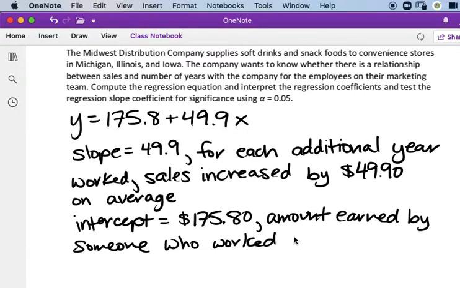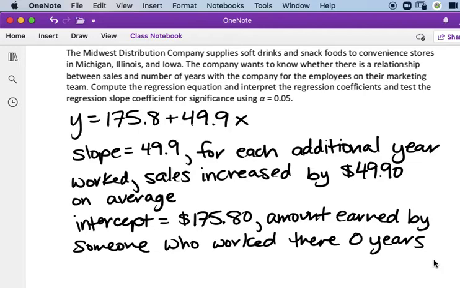In this case, that might make sense, because if you had 0 years of having worked with the company, then you maybe started within the last year, and you could still have $175 worth of sales when you first start working there. So that would make sense.